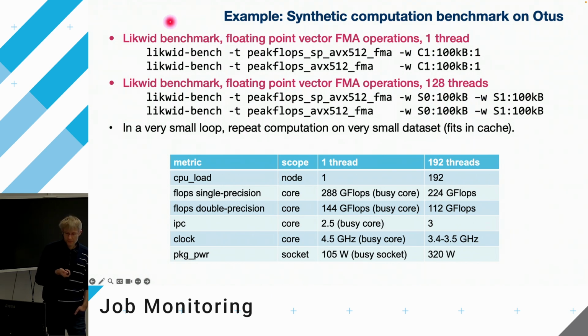So this is done using Likwid Bench, and Likwid is a suite of tools to do measurements and benchmarks on CPU systems. So here we see the peak flops benchmark on AVX 512.